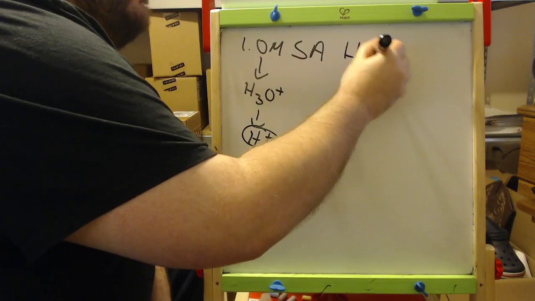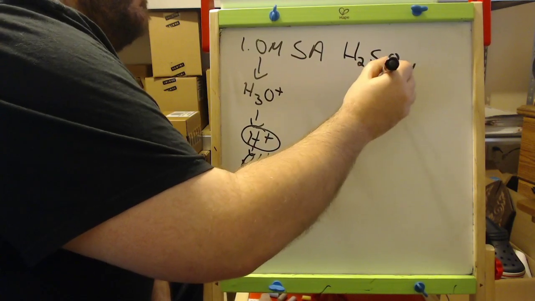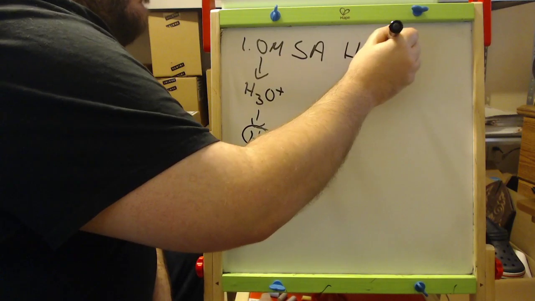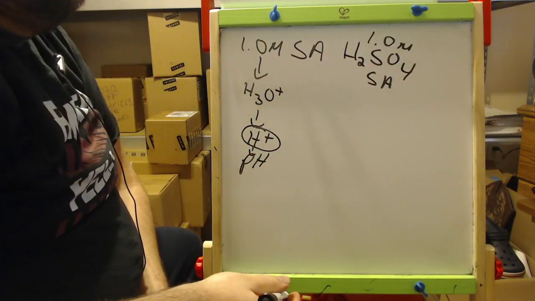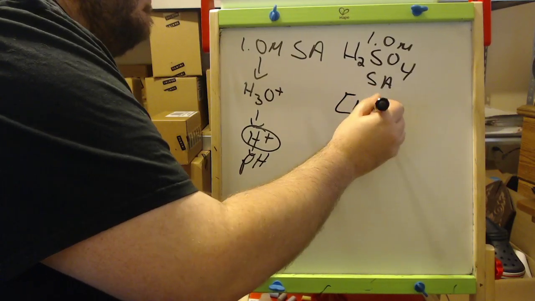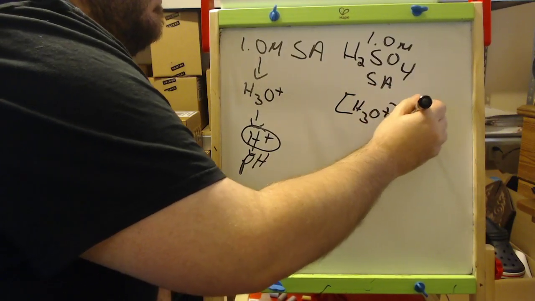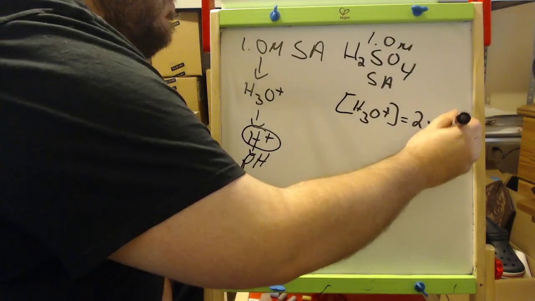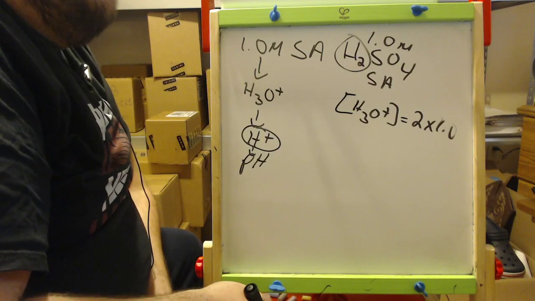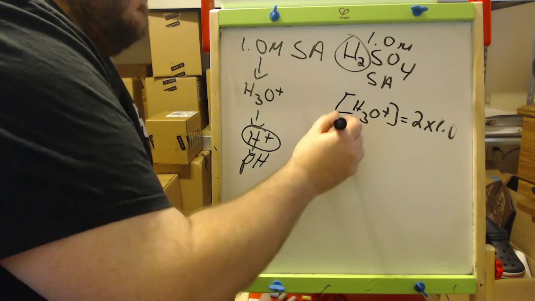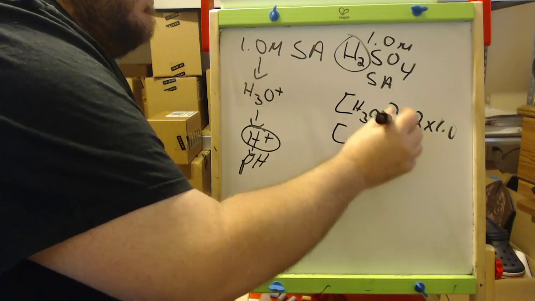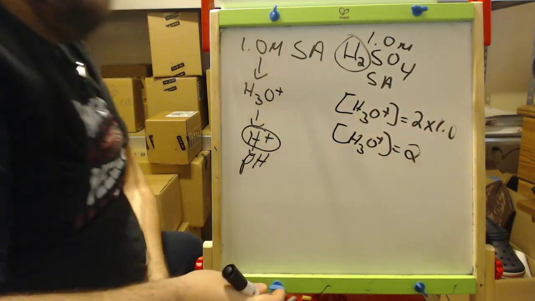If I have something like H2SO4, which is a strong acid, and we have 1.0 molar, the concentration of H3O plus is really 2 times 1.0, because it's giving me 2 hydrogens for every 1 H2SO4. So the concentration of H3O plus in this solution is really 2.